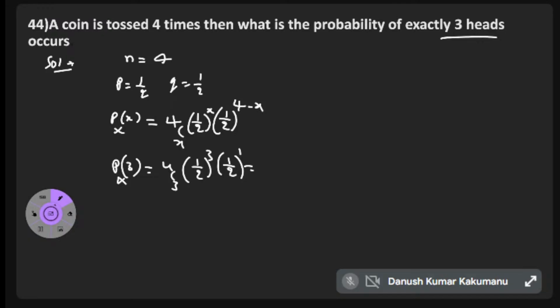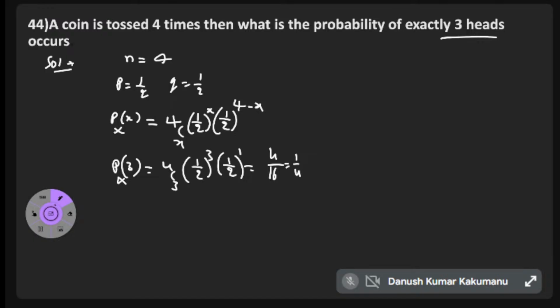What is the 4C3 value discussed yesterday? 4C1 is 4, 4C2 is 6, 4C3 is 4, 4C4 is 1. So 4C3 is 4, and 4 divided by the denominator 16 gives 1 by 4 as the answer. That is what exactly 3 heads asks.